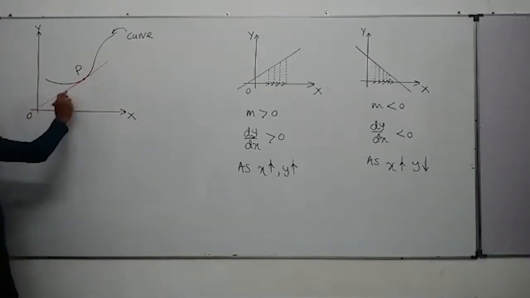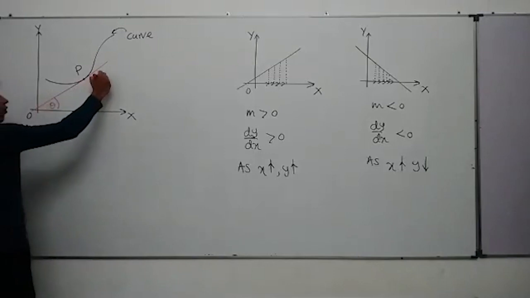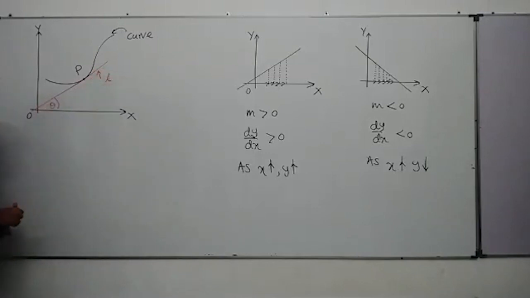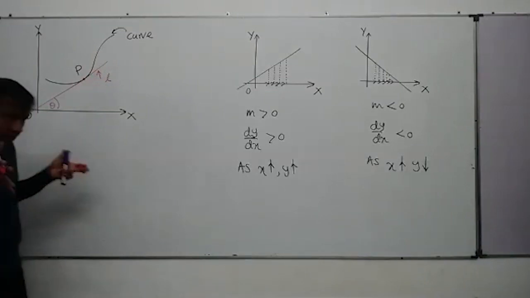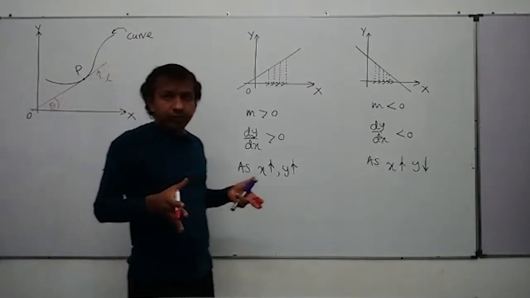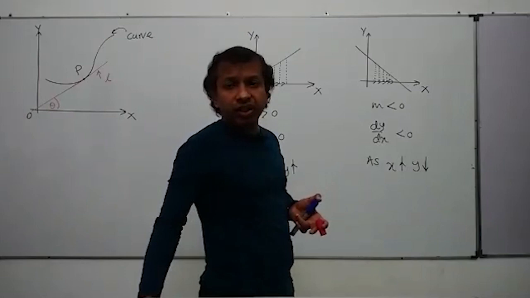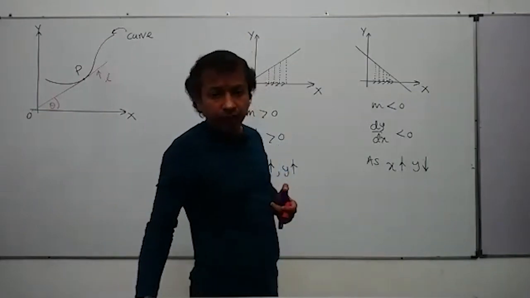If this angle is theta now, people, you can find the gradient of this tangent line L. The gradient of this tangent line L only, we accept as the gradient of the curve at that point P. Right?